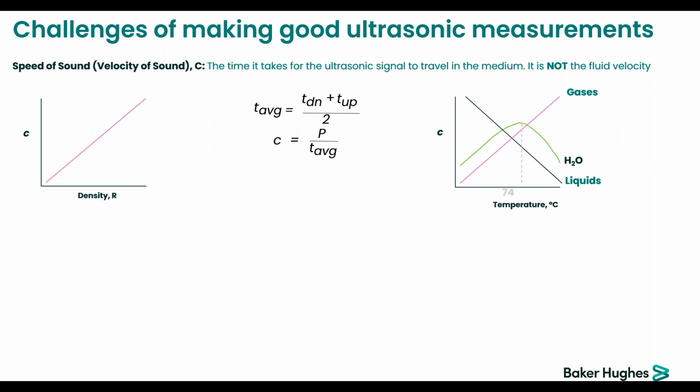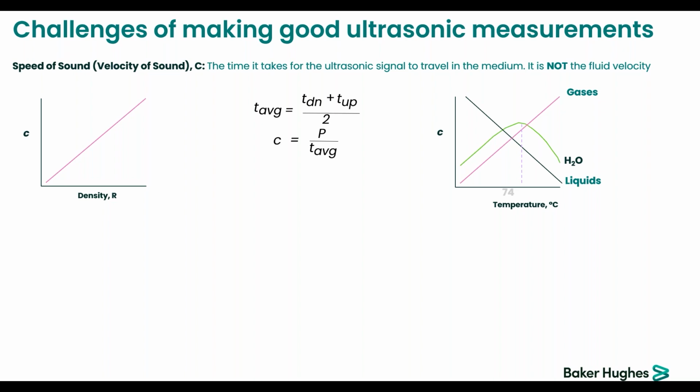And if you look at the specific curve for water, where temperature is expressed in degrees Celsius, it has a kind of strange behavior because it has an inflection point at 74 degrees Celsius, where it starts to behave like a liquid, while up to 74, it behaves like a gas.